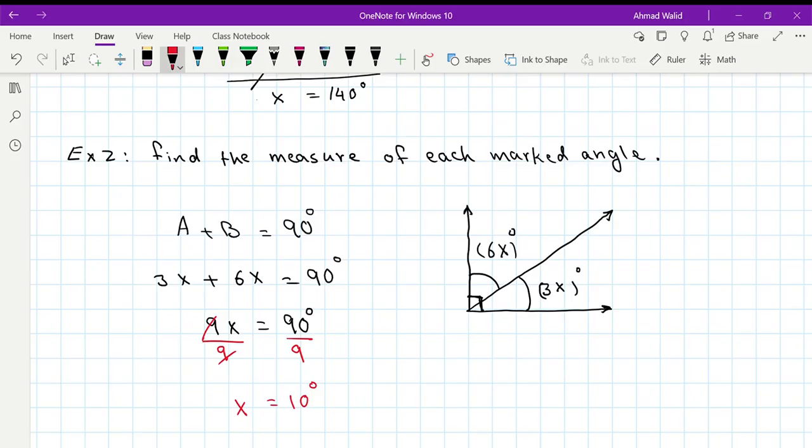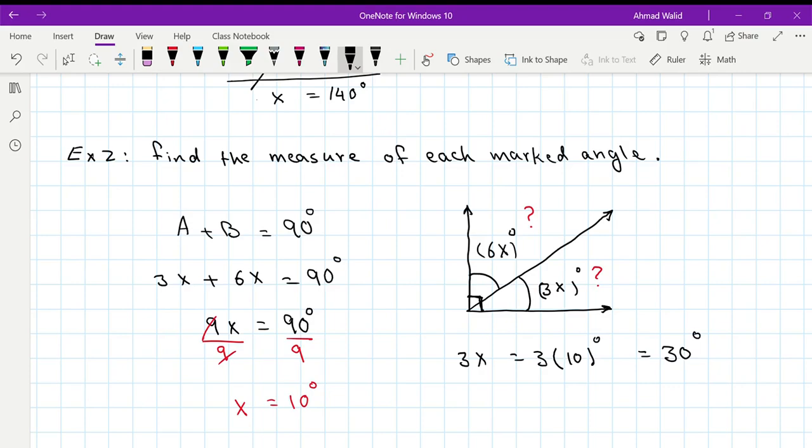Now, X is 10 degrees. How much is this angle and how much is this angle? Your first angle, which is 3x, means 3 times 10 degrees, which gives you 30 degrees.